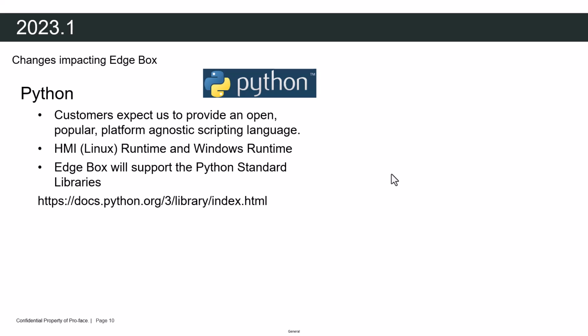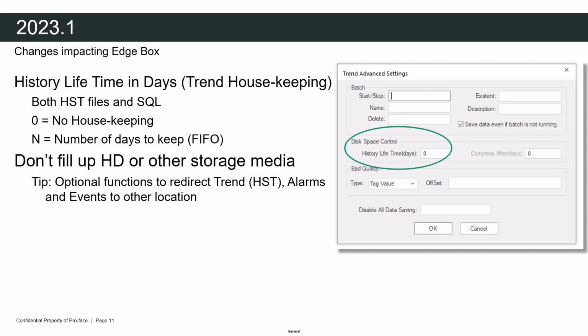Python is also giving us the ability to do things that we can't necessarily do in the EdgeBox today, perhaps email, or direct database connectivity, or different things that we are limited in today just because of the scripting limitations. Hopefully Python can overcome many of those limitations, opening up many more possibilities for using the EdgeBox. So probably the biggest impact is the Python.